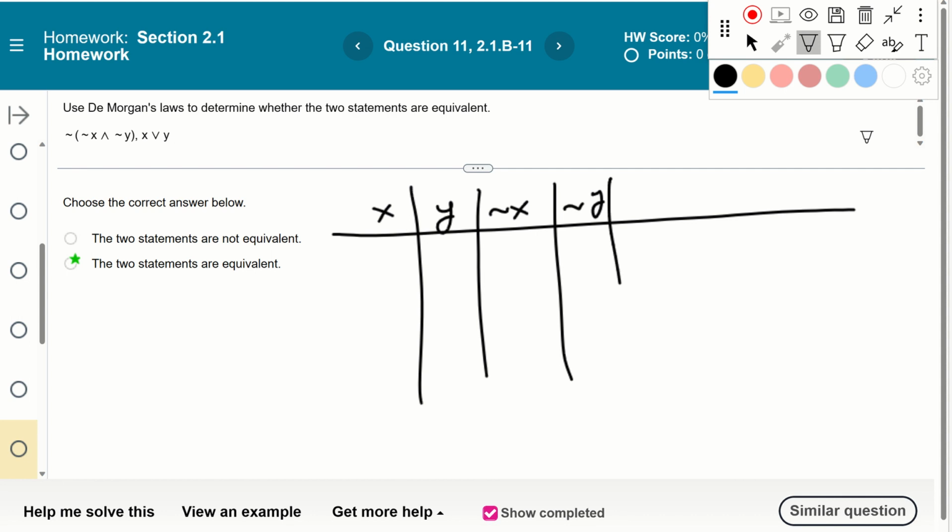Why? Because we need to form the conjunction not x and not y.